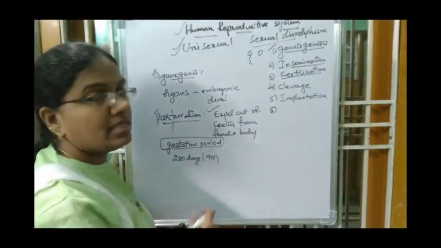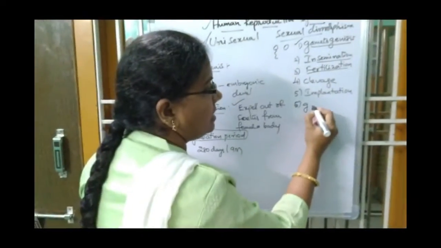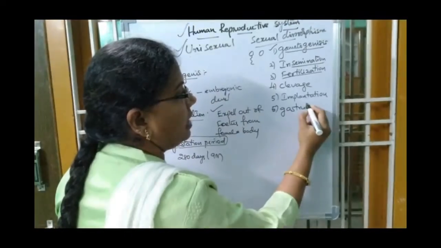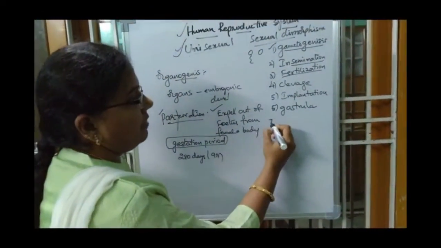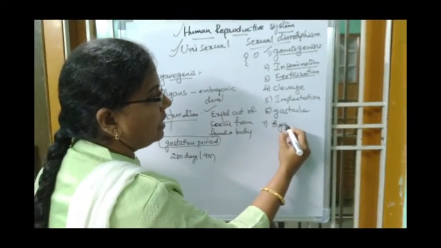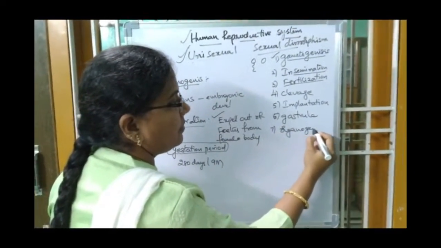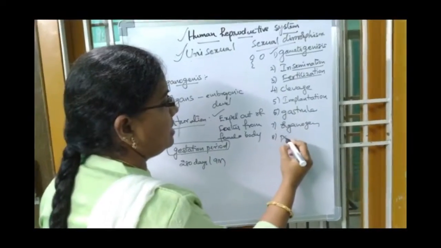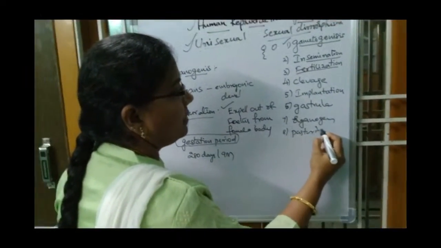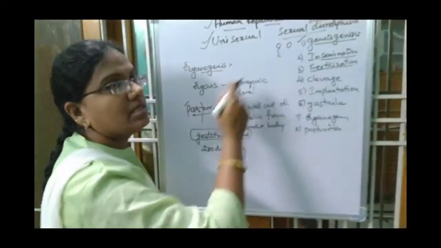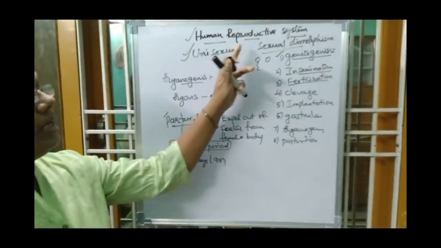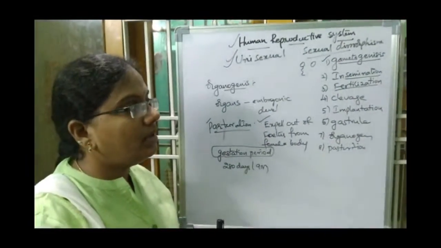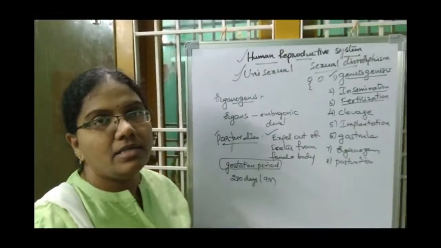The fifth phase is implantation. The sixth phase is the gastrula phase. The seventh is organogenesis. The eighth phase is parturition. These are the main phases in human reproduction, to produce the organism.